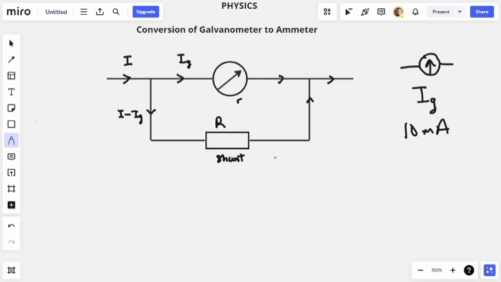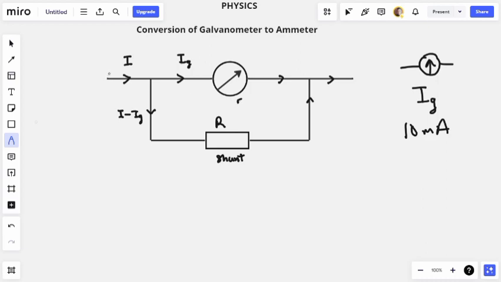Shunt simply means a resistor that is connected in parallel with another device. So now when you do this connection, we have galvanometer current, which is I subscript G. We have galvanometer resistance or internal resistance, which is small letter r.